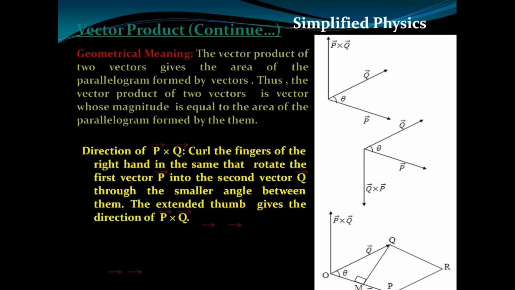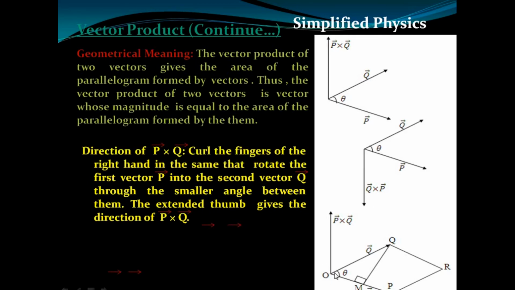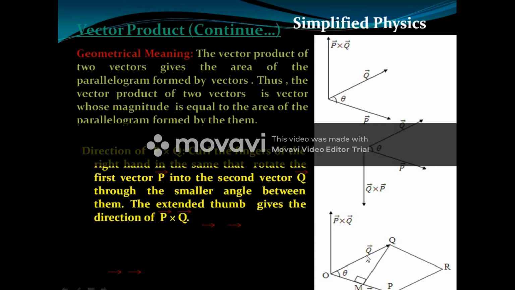Let us suppose two vectors p and q are acting, p vector along OP and q vector along OQ. Then the area of the parallelogram formed by these vectors gives the magnitude of the vector product of p and q.